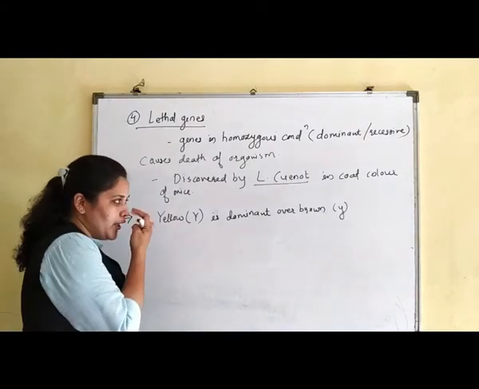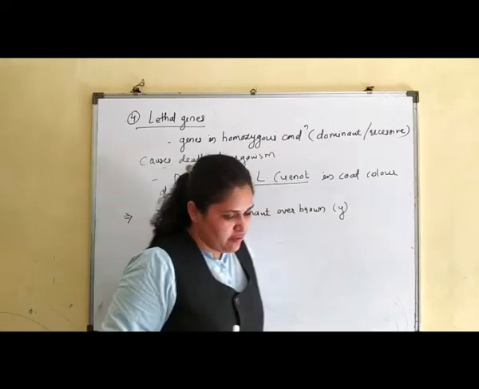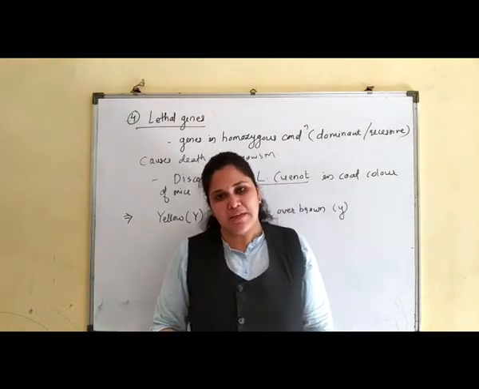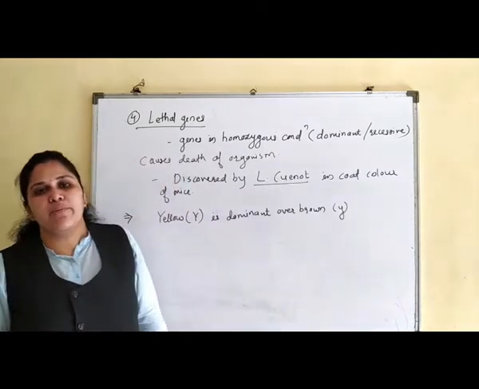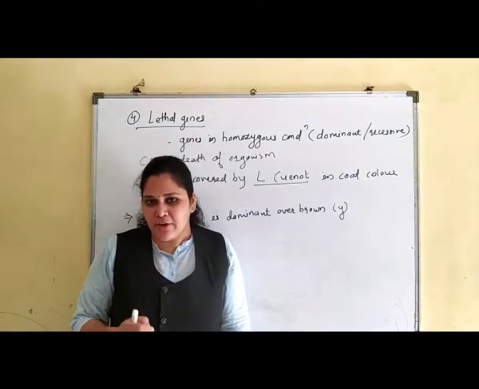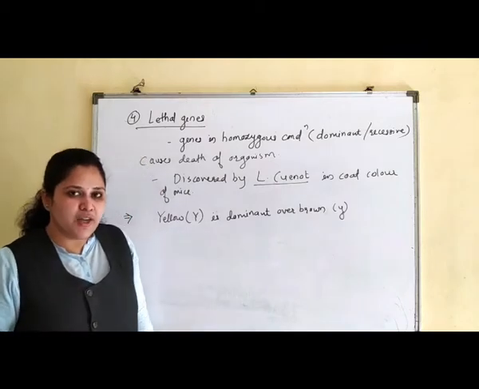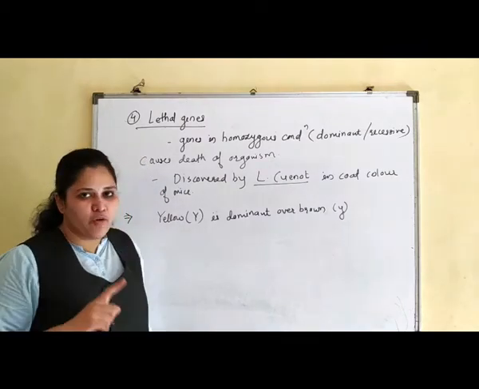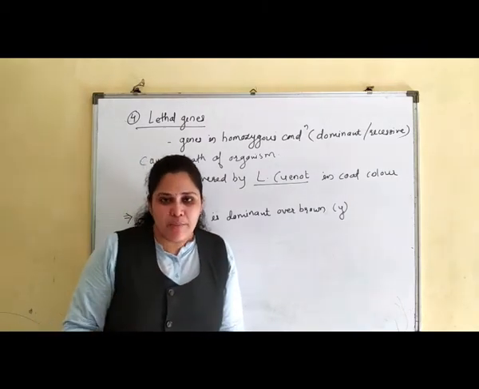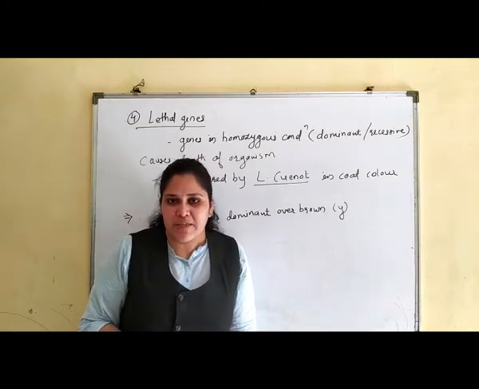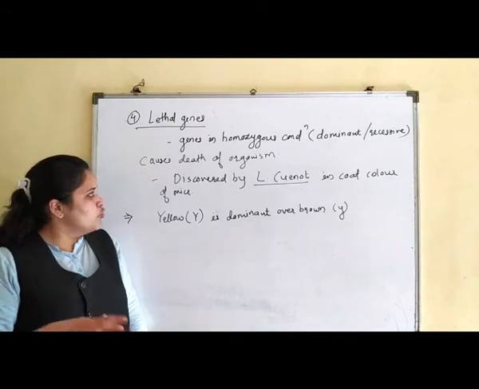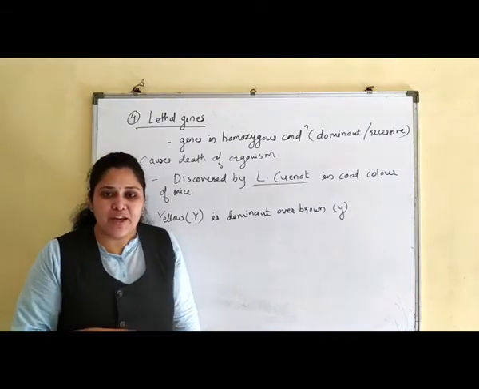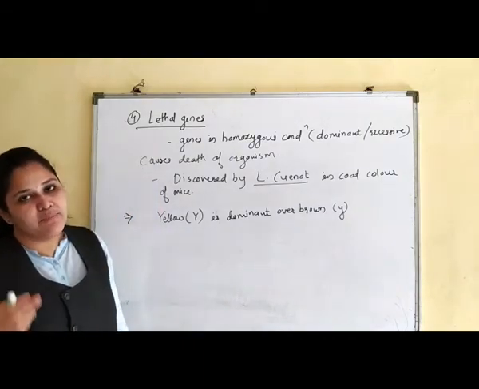Fine. What I told you: a lethal gene is lethal whenever it is present in homozygous condition. This lethality could be dominant or it could be recessive. In case of coat color in mice, the yellow color of fur is the dominant one, so whenever it is present in homozygous condition, that causes the death of the mouse. So there are no yellow colored homozygous mice in the population.